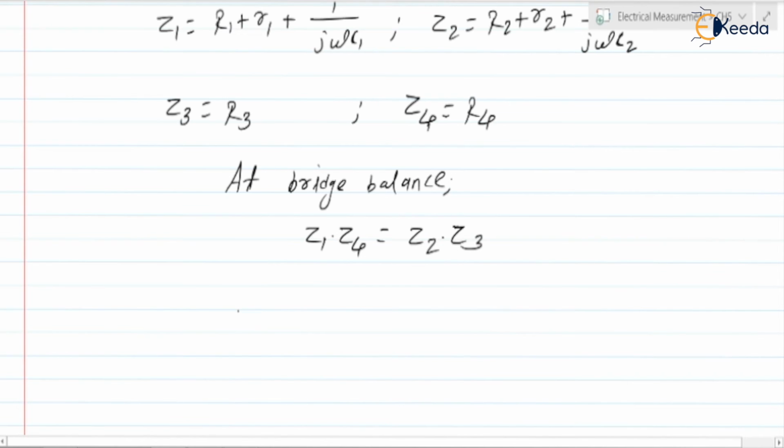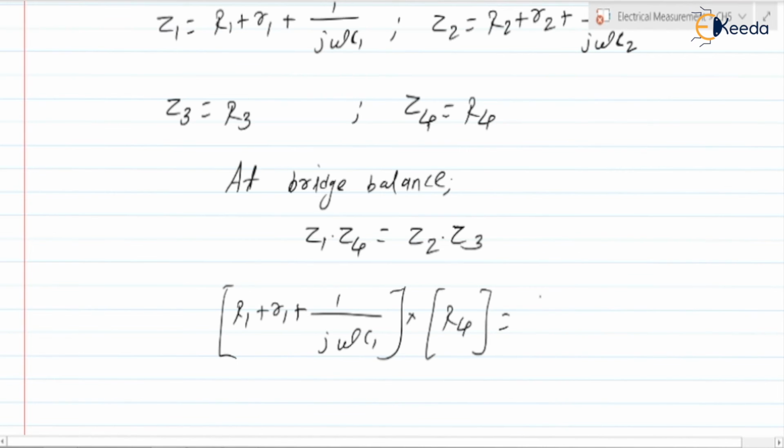So it is like (r1 plus 1 upon j omega C1) into Z4, that is R4, is equal to Z2 into Z3, that is (r2 plus 1 upon j omega C2) into R3.